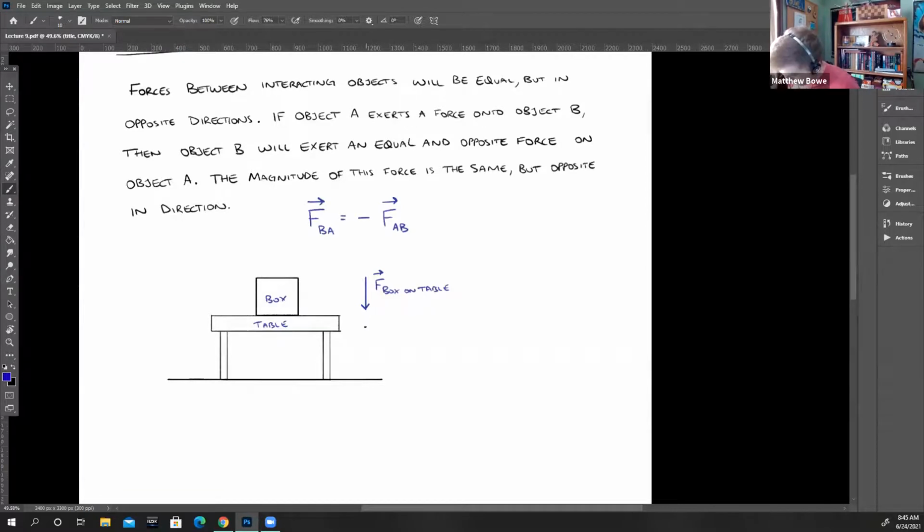There's an equal in magnitude, but opposite force supplied by the table. This is the force of the table on the box. Maybe you could see this would be F_TB. The indices are just flipping. That's what this is showing.